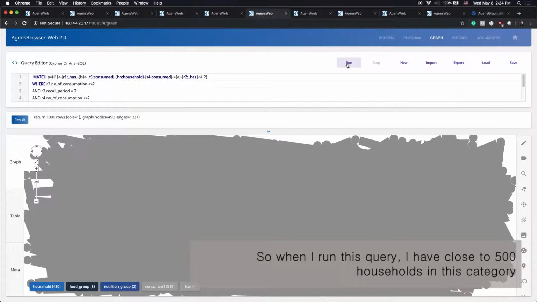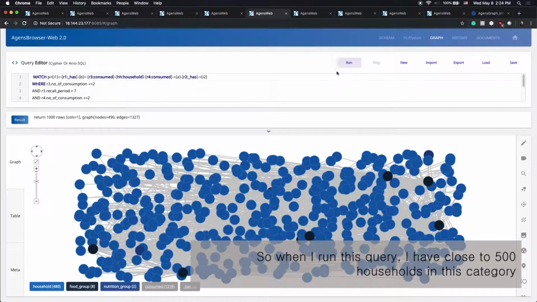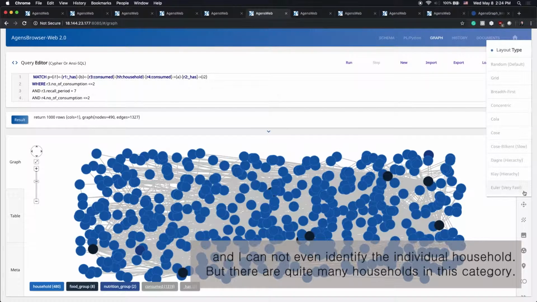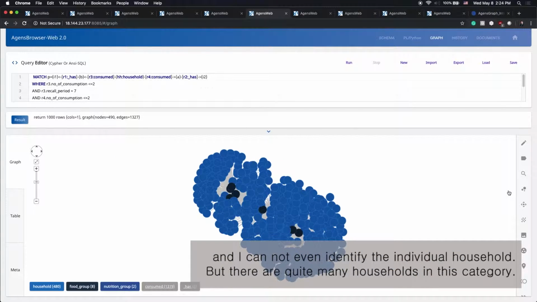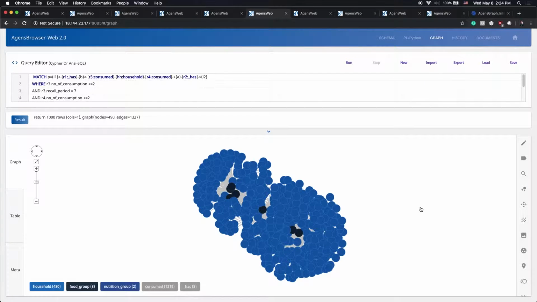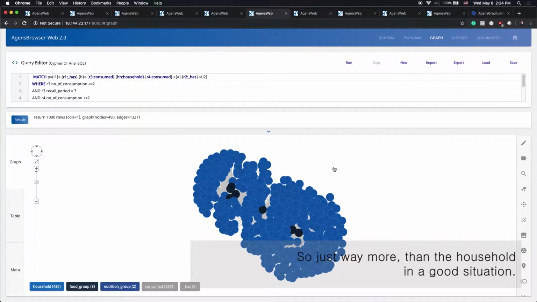When I run this query, I have close to 500 households in this category, and I cannot even identify individual households, but there are quite many. So there are way more households in this situation than in the great situation.